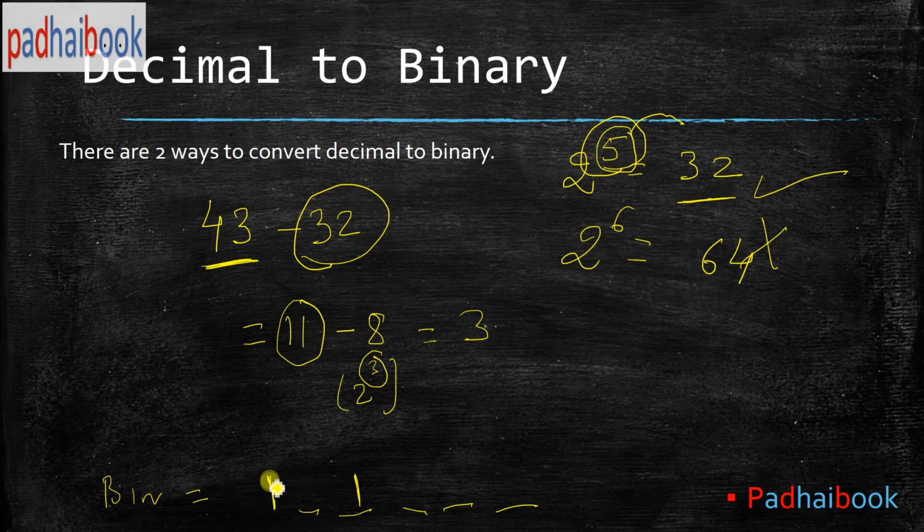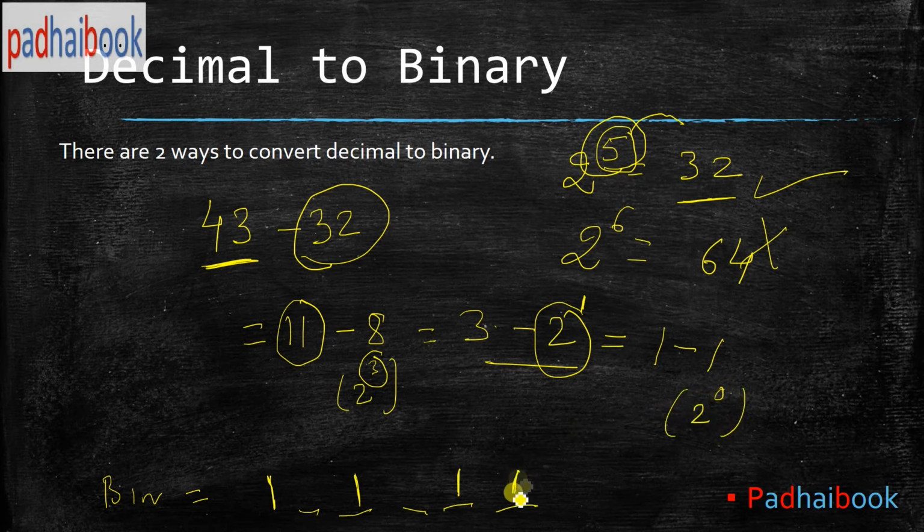Finally we get 3, and we subtract 2, which is 2 to the power 1, so we put 1 at the 2nd position. Finally we subtract 1, which is 2 to the power 0, so we put 1 at the 1st position. Finally, the remaining positions will be filled with 0. Now this number is binary.